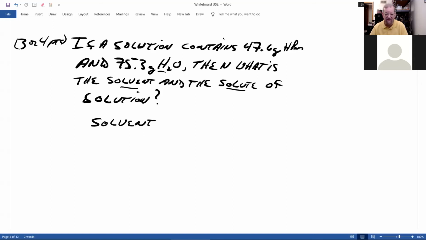And which is greater, 47.6 or 75.3? And time's up. Hopefully you pick 75.3, so the solvent is water. And the solute is all the other components, in this case, only one, HBr. Oh, let's do one more.